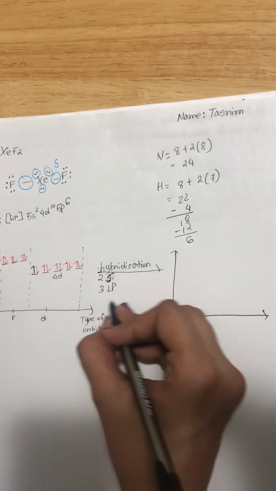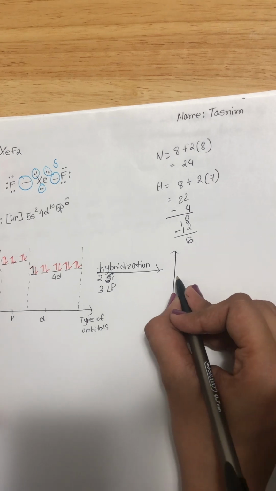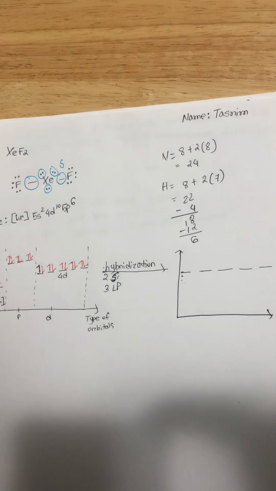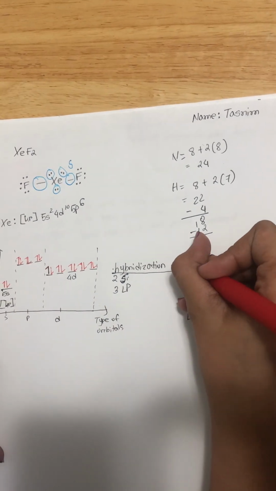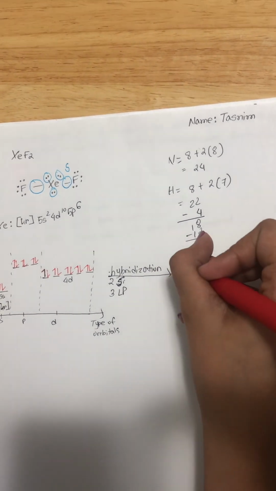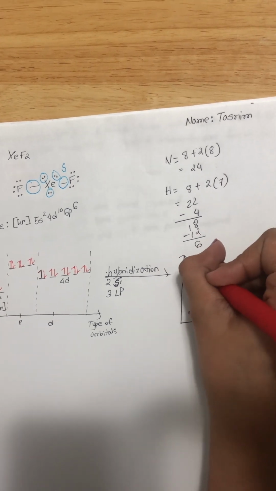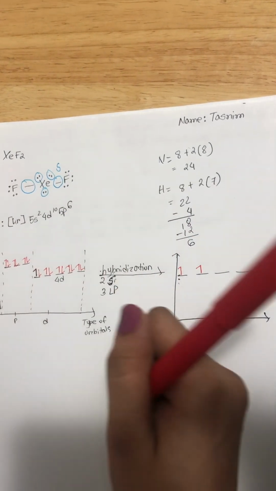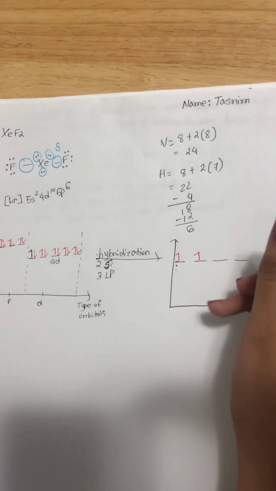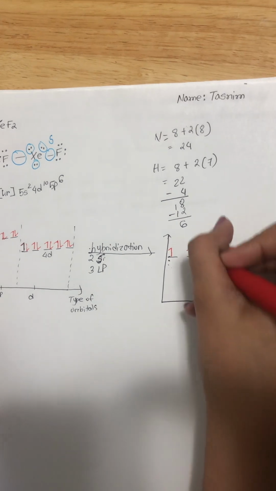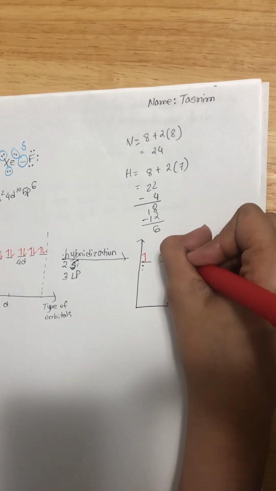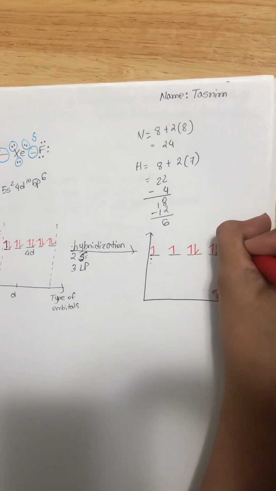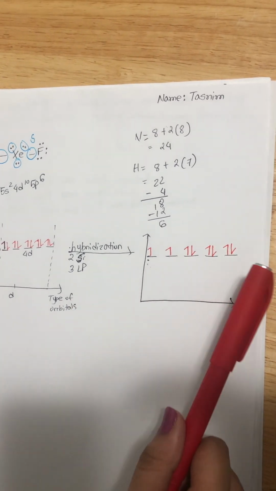There are a total of 5 hybrid orbitals. As there are 2 sigma bonds, we draw one hybrid orbital with one electron, and the next one in the same way. For lone pairs, we draw one hybrid orbital with 2 electrons. As there are 3 lone pairs, we draw one hybrid orbital with 2 electrons, and the lone pairs have 3 hybrid orbitals.